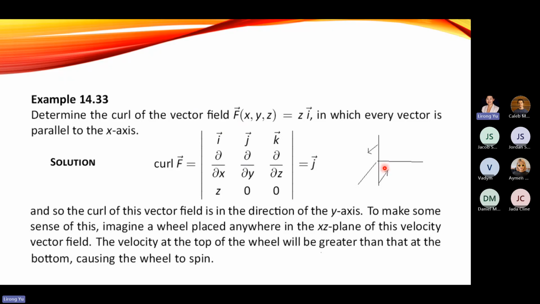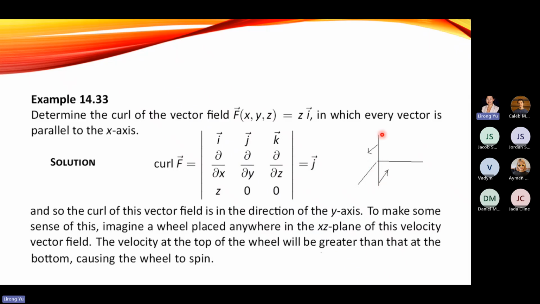This picture here is showing the vector field. You see the x component of the vector is equal to the z value. So if you have a point over here, its vector is z going this direction. But if you have something over here, it's going that direction. If it's below, you have a negative z value.